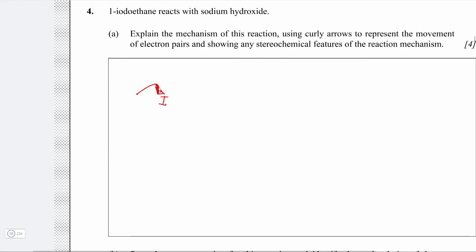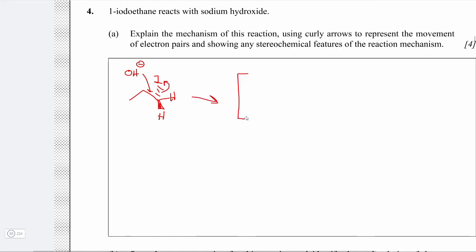So let's just draw it like this then, for the time being. It's probably not the most convenient way of drawing it. Let's instead draw it like this. Yep. And then we have the hydroxide approaching from here. And also remember to draw the arrow from the nucleophile, which in this case is the hydroxide, and then with attack here, which will kick out the leaving group.